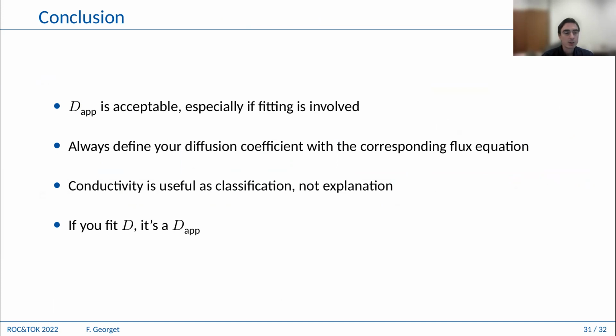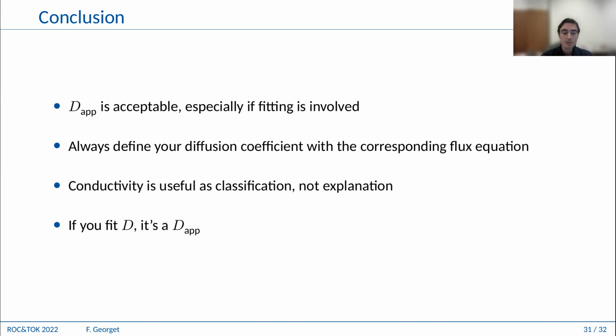So I would like to conclude this talk by saying that the apparent diffusion coefficient most of the time is acceptable, especially if fitting is involved. Then you know it is a fitting parameter describing the diffusion process of your system. It is also always important to define your diffusion coefficient with the corresponding flux equation.